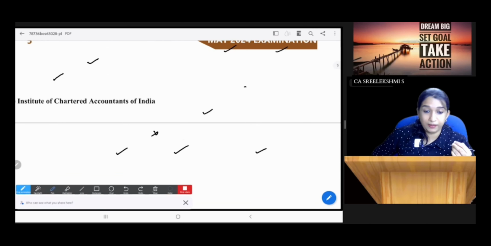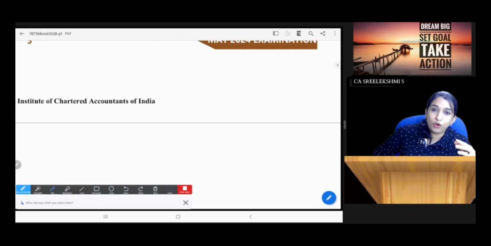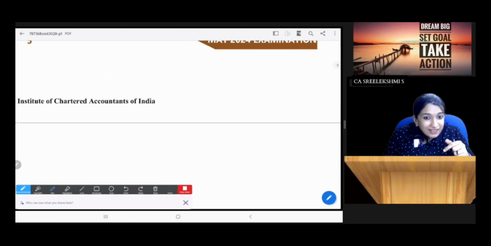What is the treatment regarding that discount voucher? That voucher can be considered, as you have done in a question, as an additional performance obligation, and only when that performance obligation is discharged is that revenue recognized. That is actually based on another purchase. But here there is no other purchase, no other transaction. We'll be giving that 500 rupees voucher.